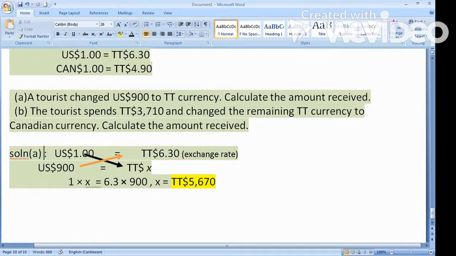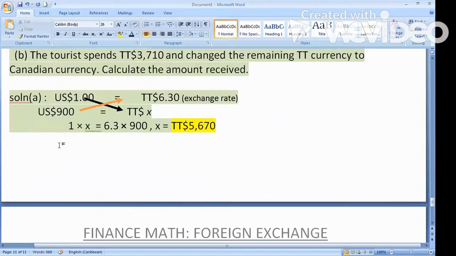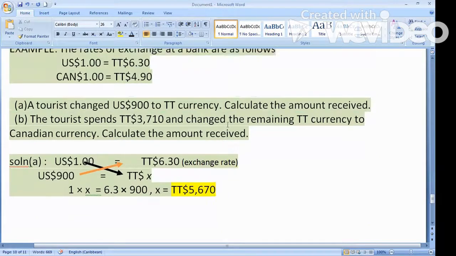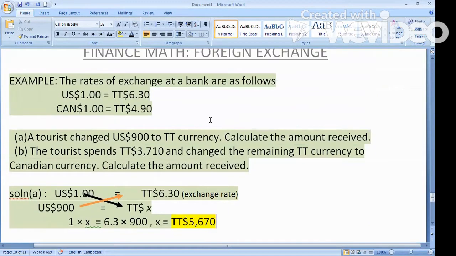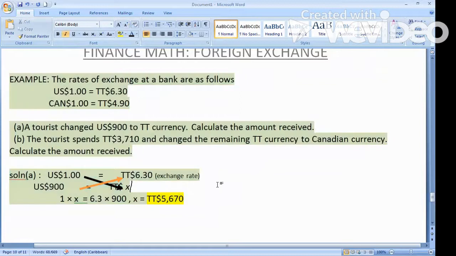All right. So guys, I want you to finish this question. I want you to work out B and tell me what you get. Hold on, let me see if I can put this question on the whole page. Let me see if I can reduce this. Just work out B for me.